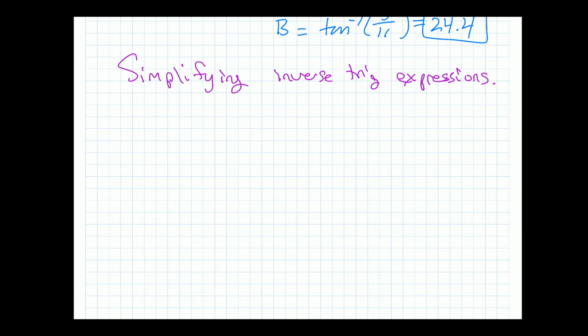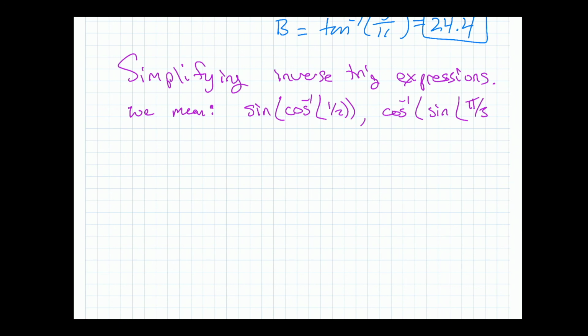Okay, so what are we talking about? We're talking about things like this. Like sine of cosine inverse of 1/2, or cosine inverse of sine of pi over 3, or something like that, etc.